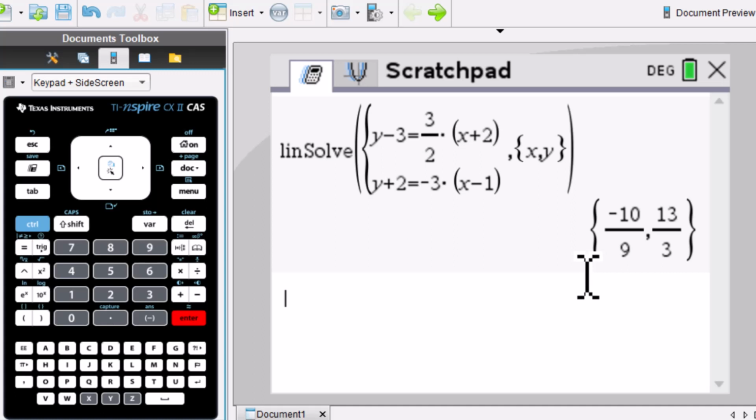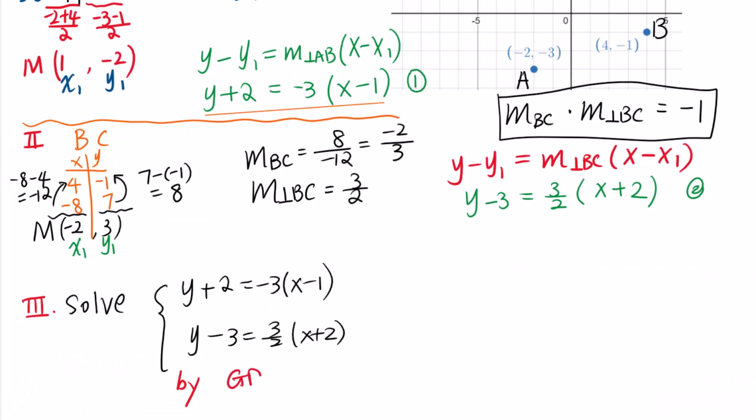So we get the solution negative 10 over 9, 13 over 3. By GDC, we figured out negative 10 over 9, 13 over 3 is the solution. It means it's also the circumcenter of this triangle.